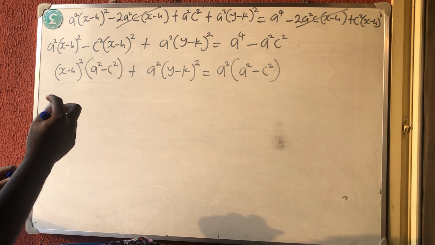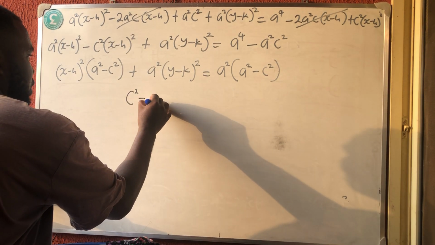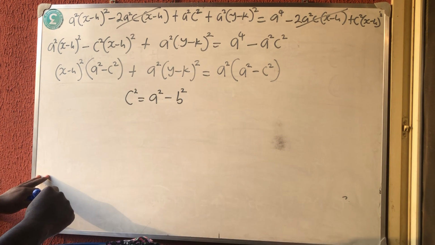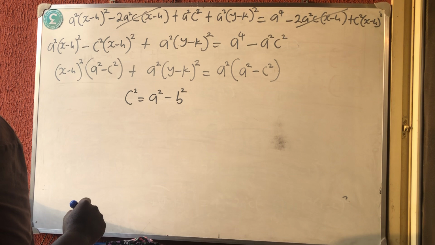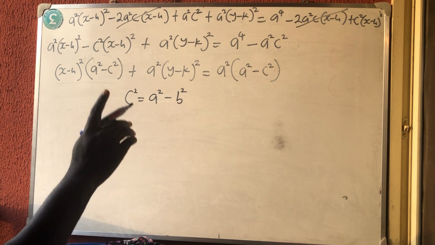Now in an ellipse, equation of an ellipse, c squared is equal to a squared minus b squared. Is it minus or plus? Yes, a squared minus b squared, because in the equation it is plus.